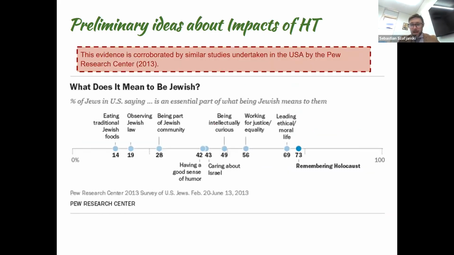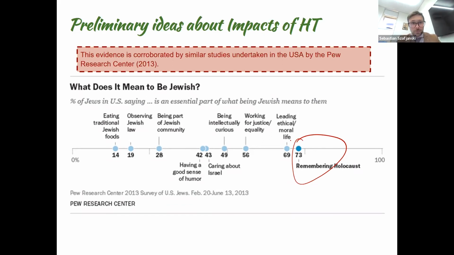But if that wasn't enough and we say, oh, that's just Australia, the Pew Research, looking at the US, has remembering the Holocaust at number 1 as well. So morality is up there again, but the Holocaust is fundamental to the identity of Judaism today.